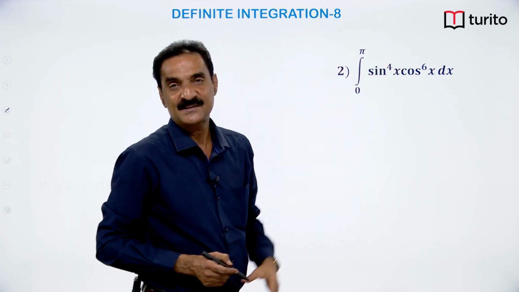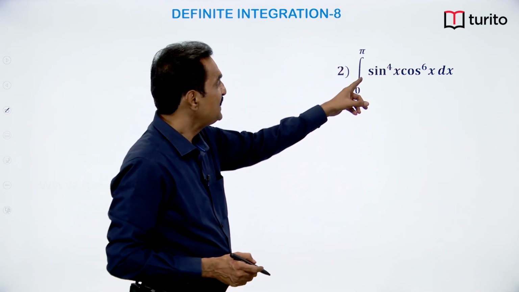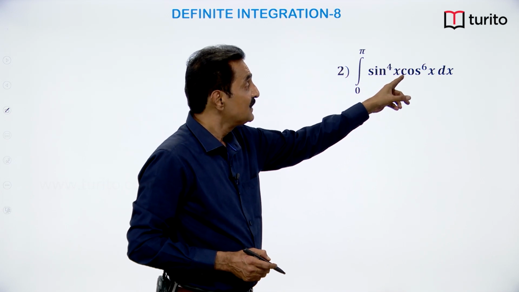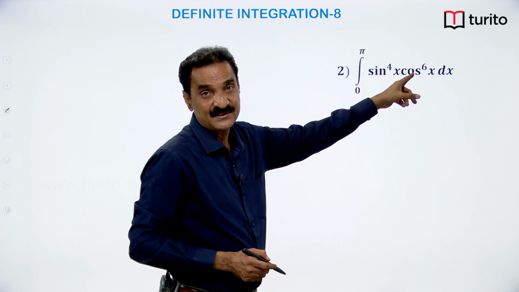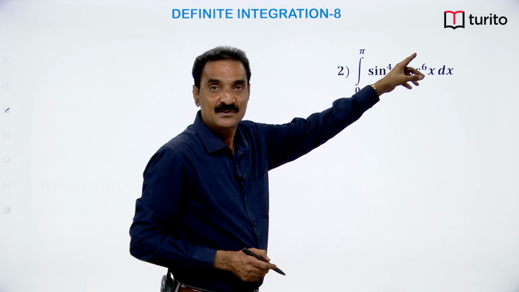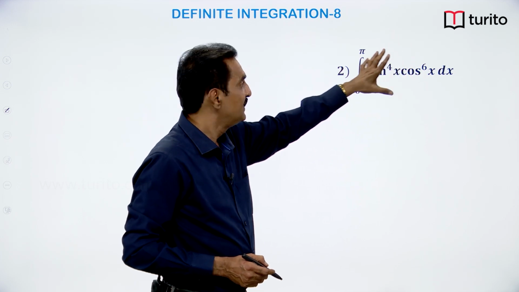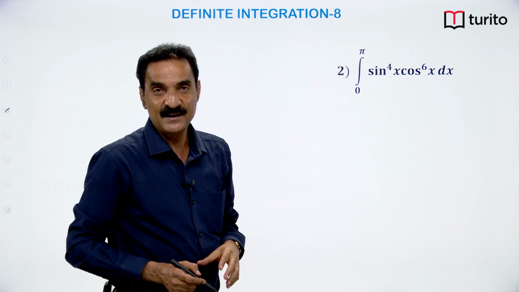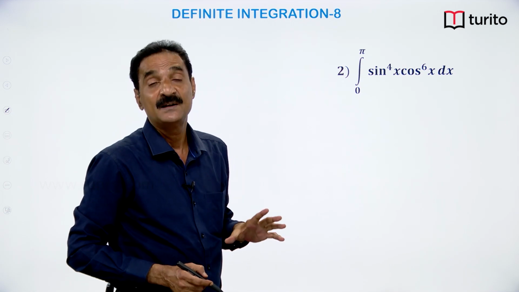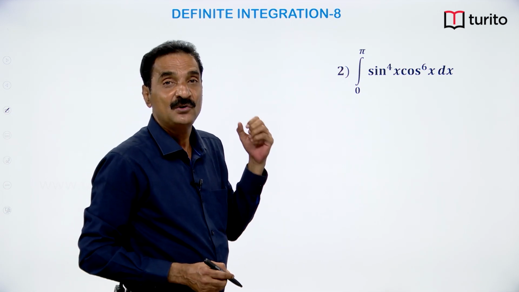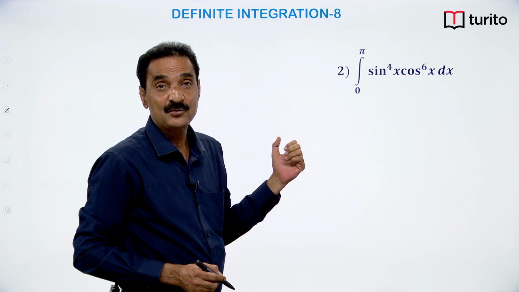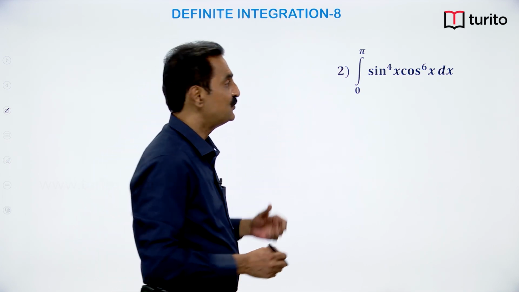Replace x by pi minus x. Sin of pi minus x is sin x, cos of pi minus x is minus cos x, but the power is 6, so it remains the same. So replacing x by pi minus x, the function remains the same. Then by the property, you can multiply the integral by 2 and halve the upper limit.